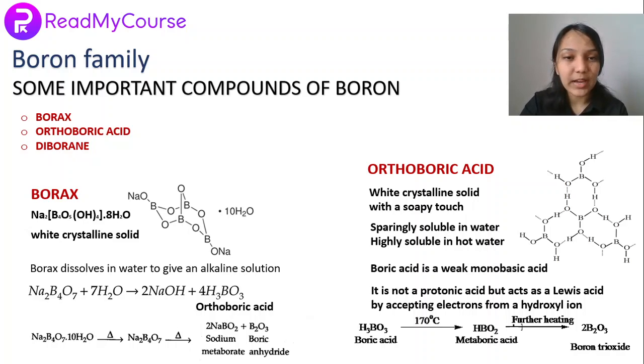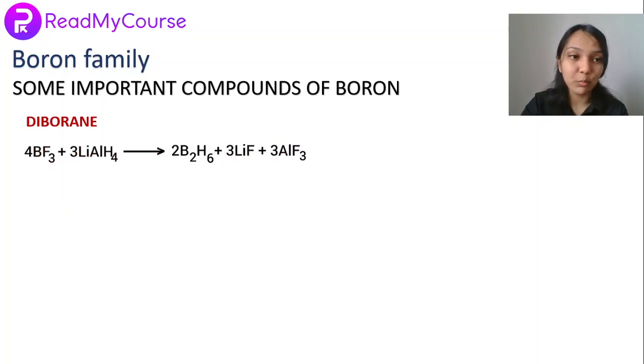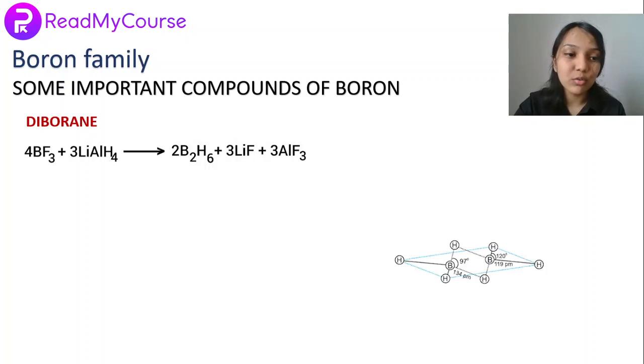And next, diborane. How diborane is obtained: BF3, that is boron trifluoride, reacts with lithium aluminium hydride, and we get a compound that is diborane. So this is how diborane looks, and again over here there is a bridging of hydrogens between two boron atoms, right?